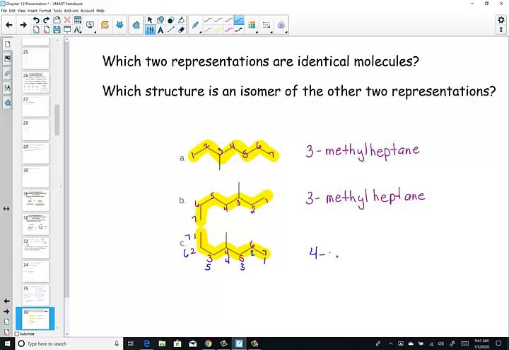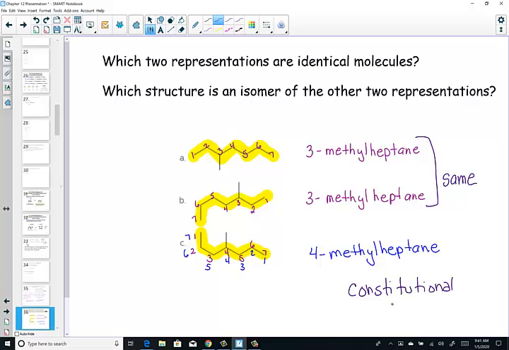So this name will be 4-methylheptane, because the backbone is still 7 carbons long. So that branch is located on a different carbon. So letter A and B are indeed the same compound, and letter C is a constitutional isomer of A and B. It is a different compound.